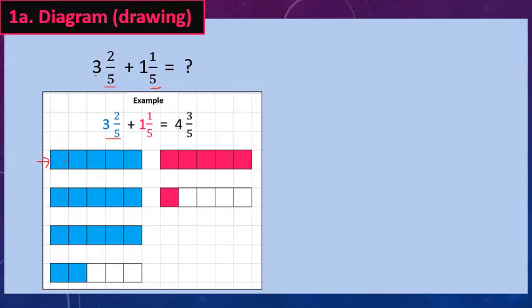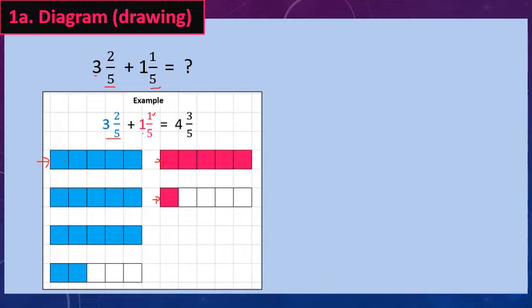On the right-hand side, for 1 and 1/5, I've used pink. So I've got 1 whole, and I've divided it into 5 equal sections and shaded the whole thing because that's 1 whole. The whole thing is shaded. And here I've done another one where I've split it into 5 equal sections but only shaded 1 of those. So I've got 1 and 1/5.